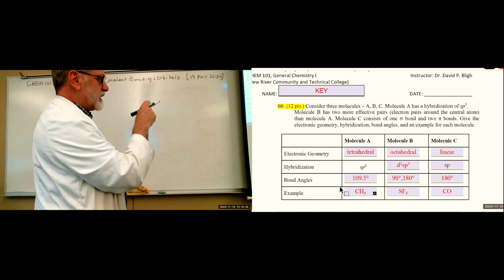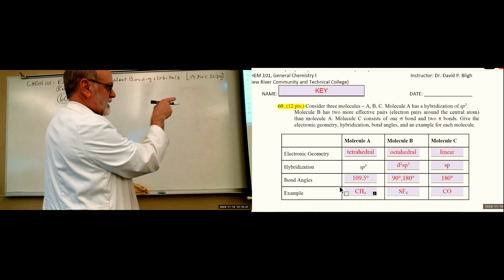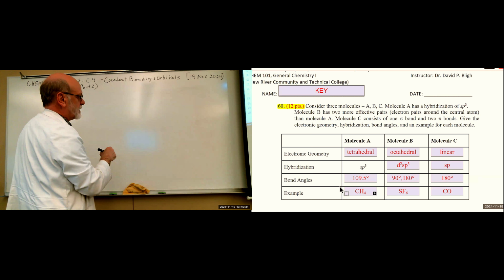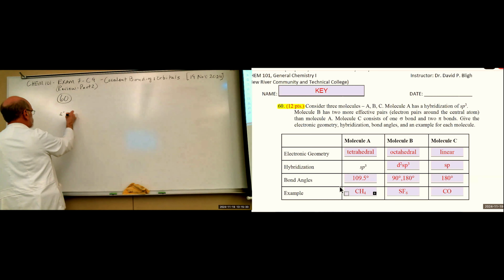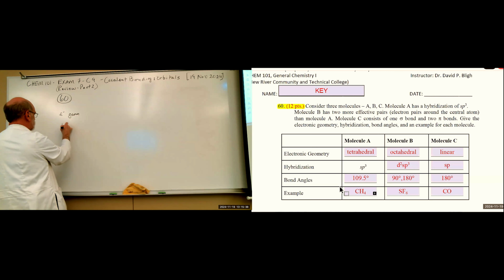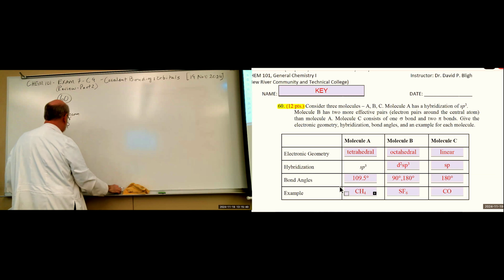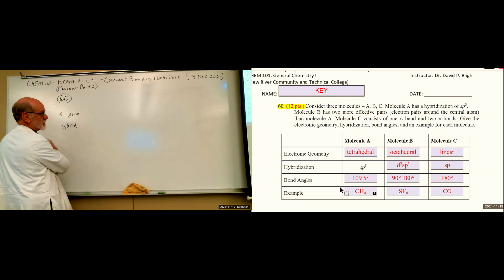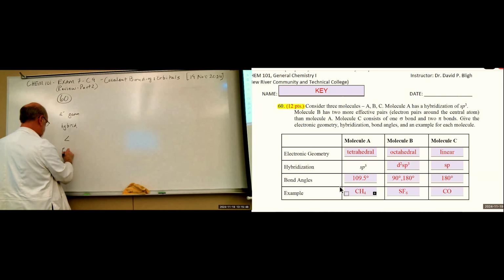All right, the only thing that we're given in this one is molecule A has sp3 hybridization. So we need electronic geometry. We need hybridization, bond angles, and examples.